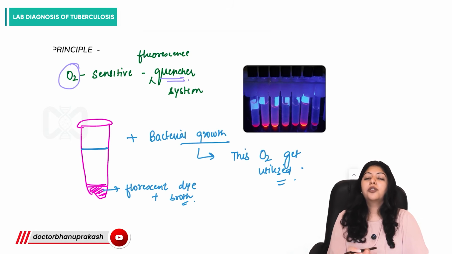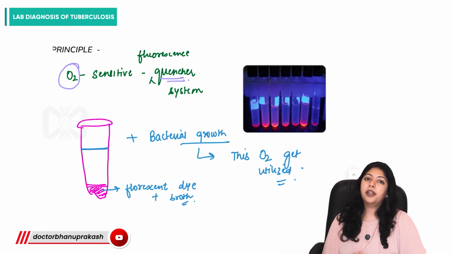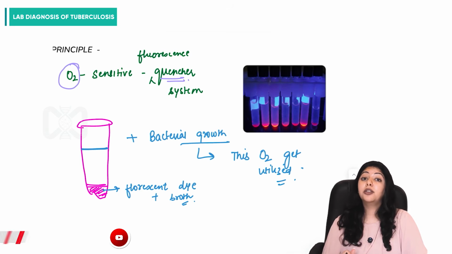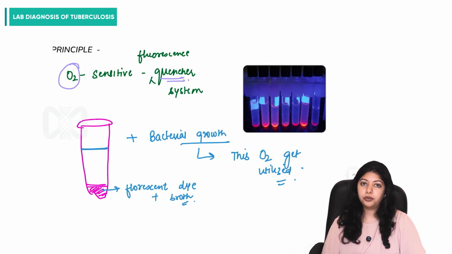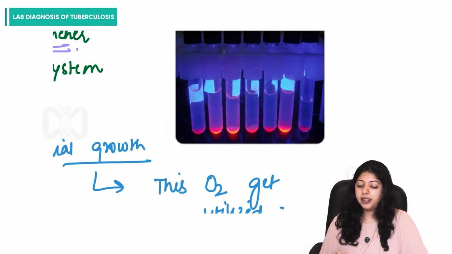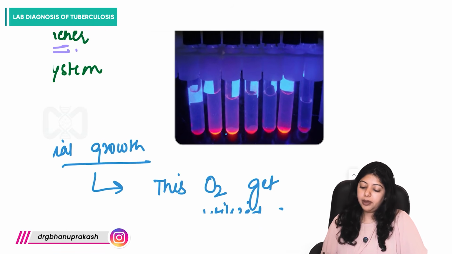Once the oxygen gets utilized, the fluorescence appears in case of any bacterial growth, and that too mycobacterial growth, right? So how do we detect that? We detect that by observing this particular fluorescence.